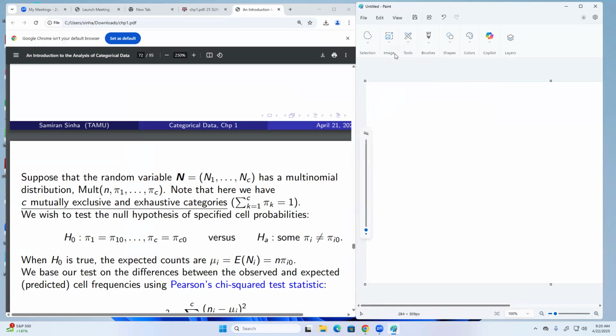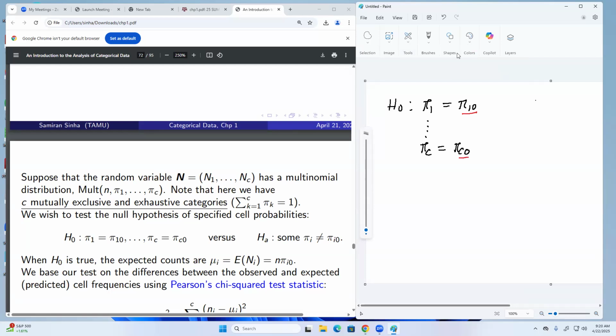My point is, we are often interested in testing this hypothesis that the success probability for category 1 is equal to pi 1,0, and you specify the success probability for all the categories, pi c equal to pi c,0. So these are known, pi 1,0 through pi c,0.